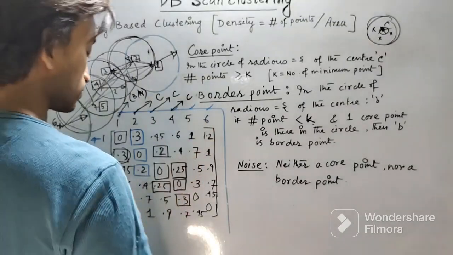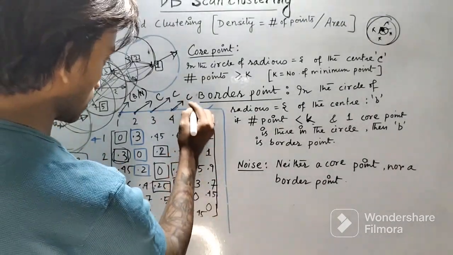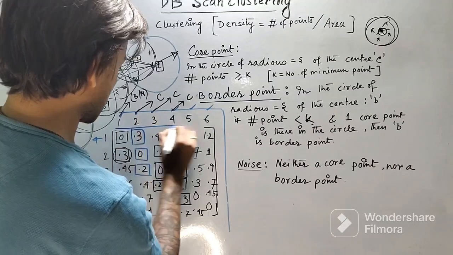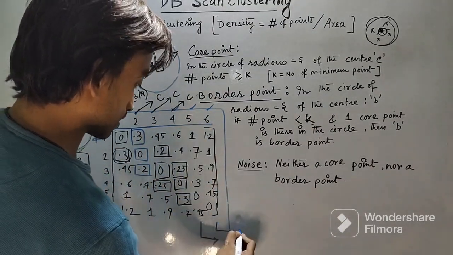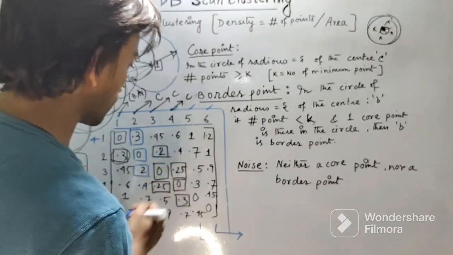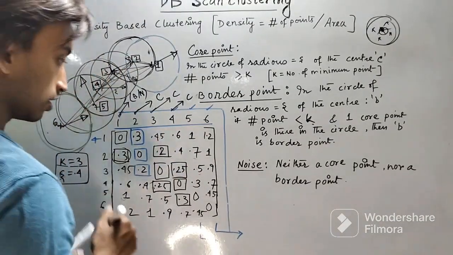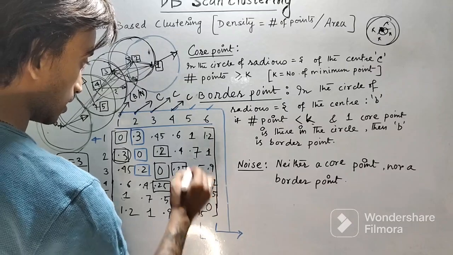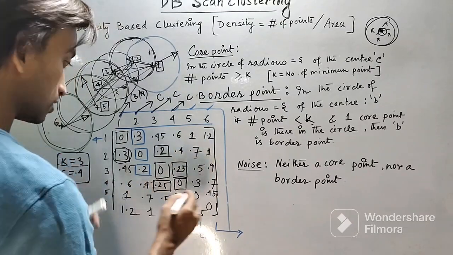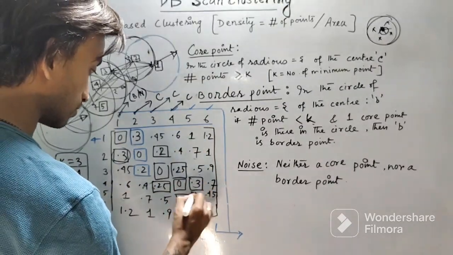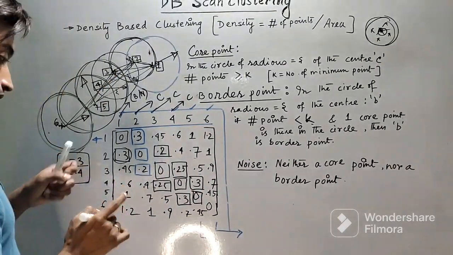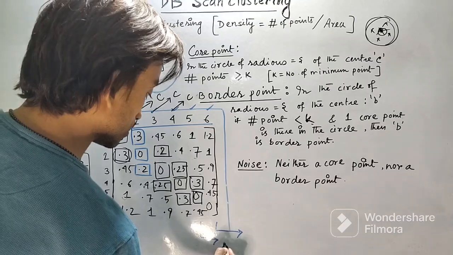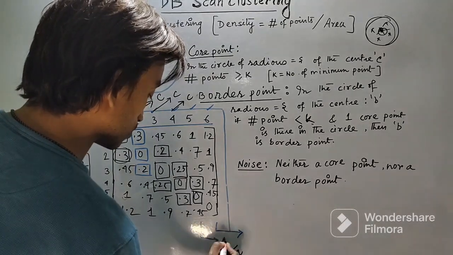Now let's consider point 5 and point 6. So what will be 5? How many points are there less than 0.4? That is this one and this one. So that is 2, which is less than 3. Then it will be either a border point or a noise.